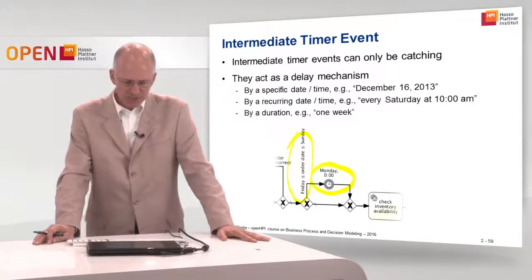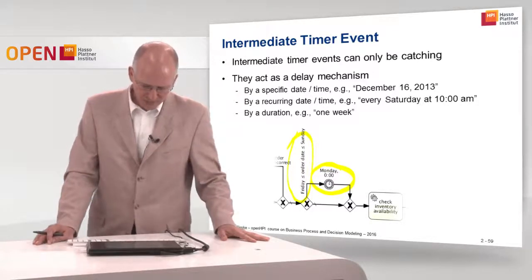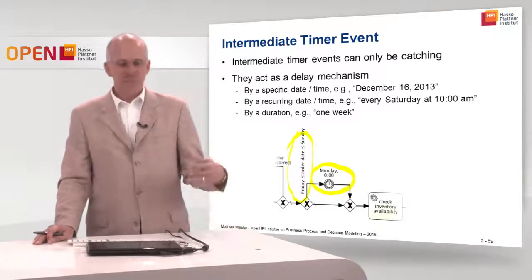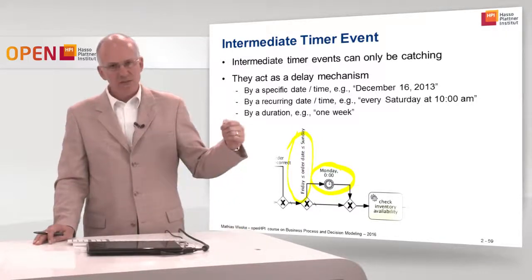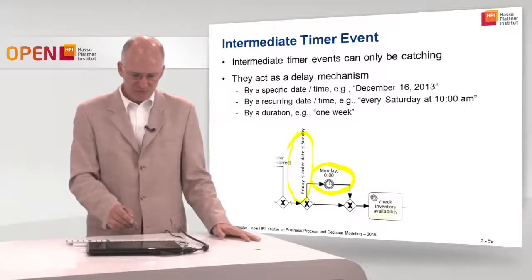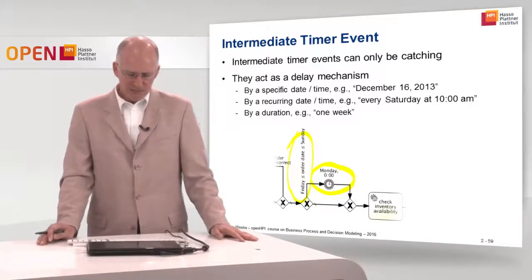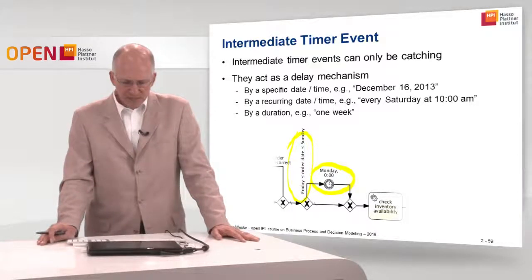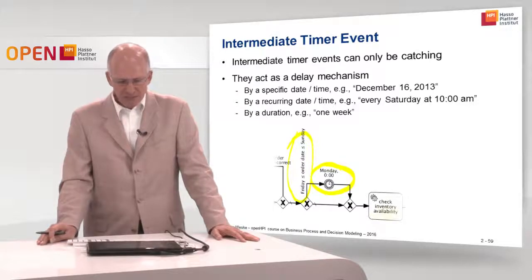So at that point, let's say on Friday afternoon, the order is submitted, and then the process instance goes through to the upper branch. And then this is called Monday at midnight, Monday at 0 o'clock, so to speak.